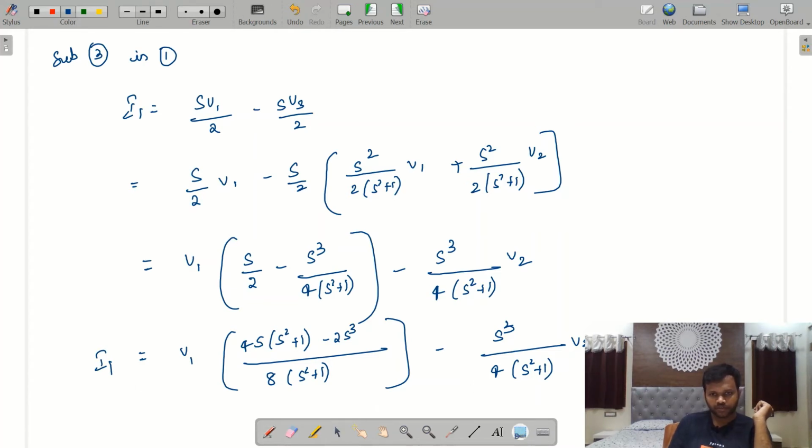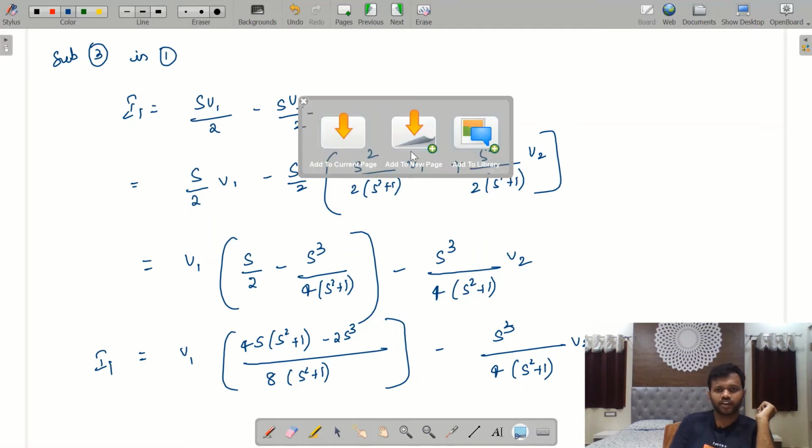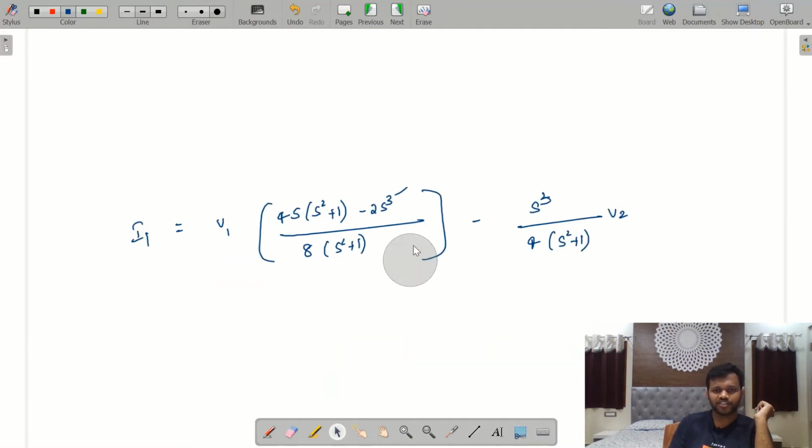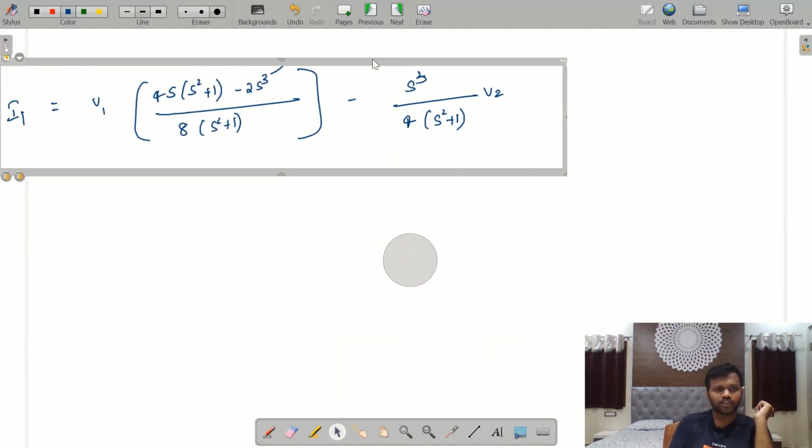Right, we are going to solve in the next page. See, this is a theoretical problem, that's why we are going to get this much large. Okay, don't worry about that.